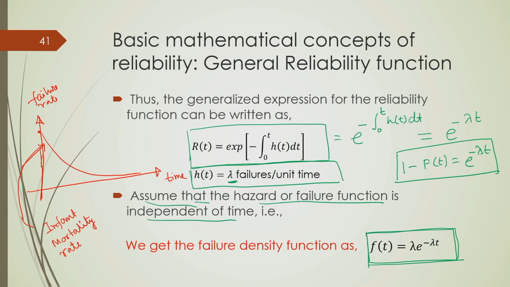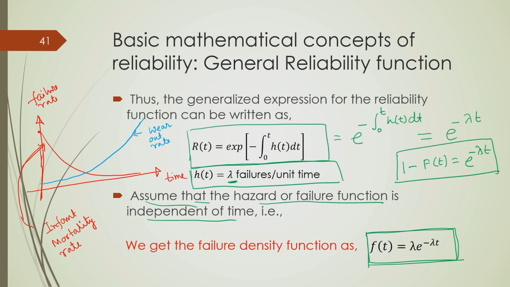And there is another component of this failure, that is called the wear out rate, and that probability rate is increasing with respect to time. So, this is called the wear out rate, and this will basically be influenced by the aging of any component.